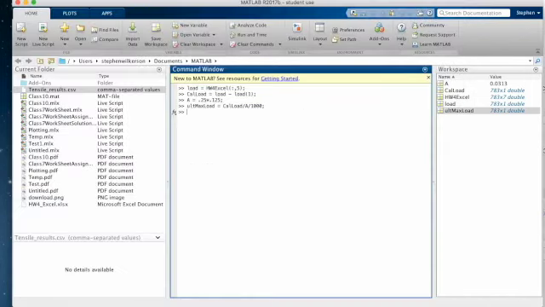So I have xlswrite, and then the name of the file that they said, tensile underscore results dot XLSX, and then I need to put in those values.